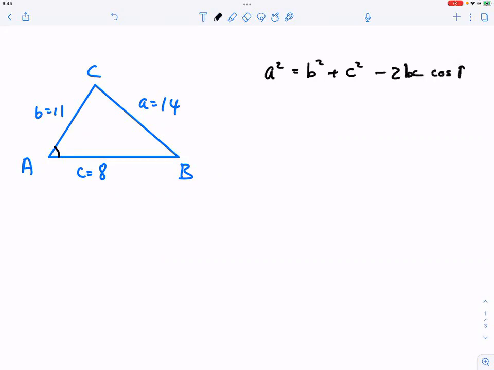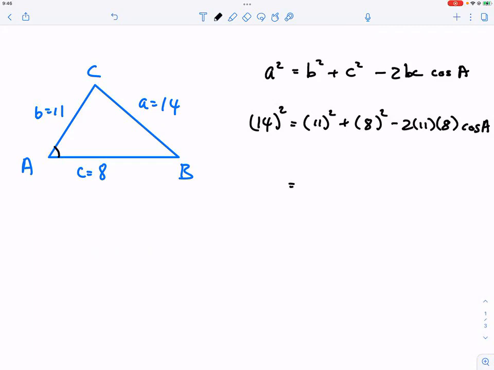BC cosine of A. So I would substitute in the numbers. So 14 squared, 11 squared, and then 8 squared minus 2 times 11 times 8 cosine of A. Okay, so I would just move all the numbers to the other side.